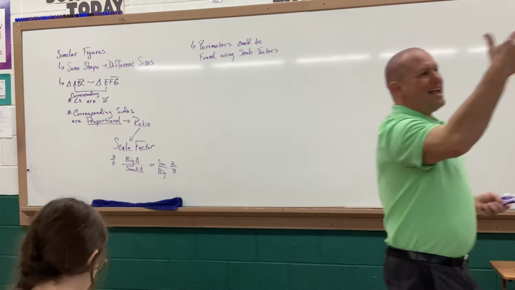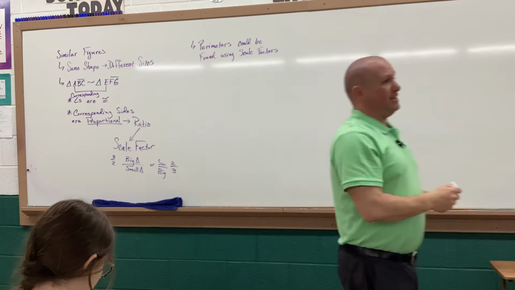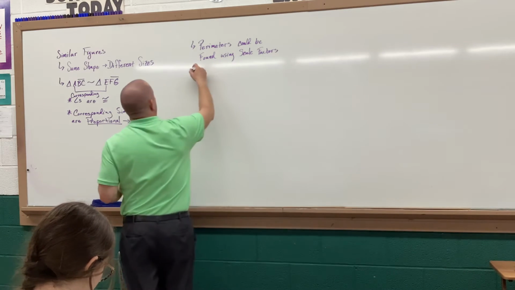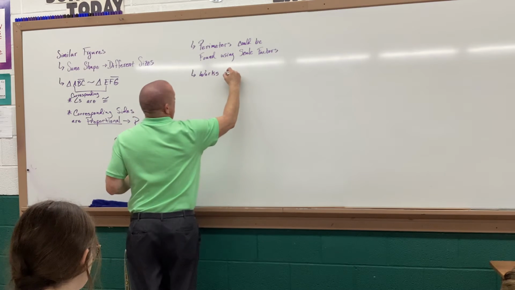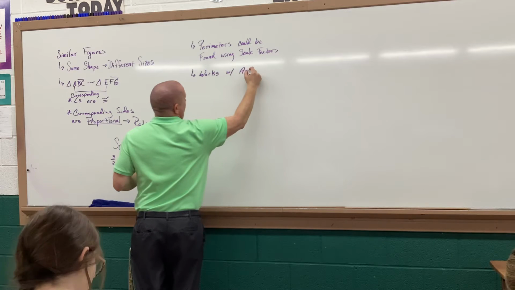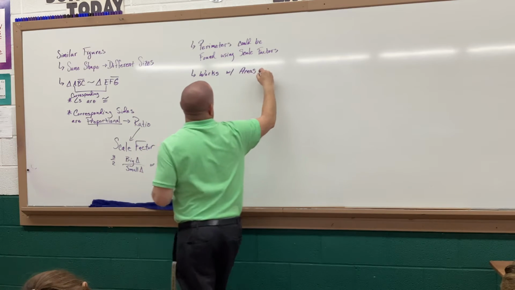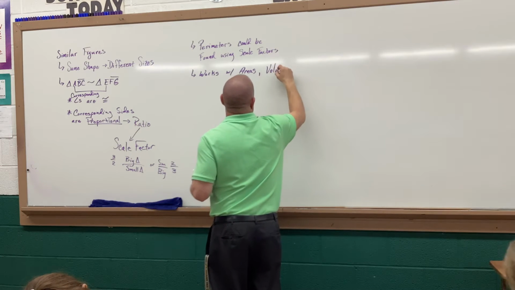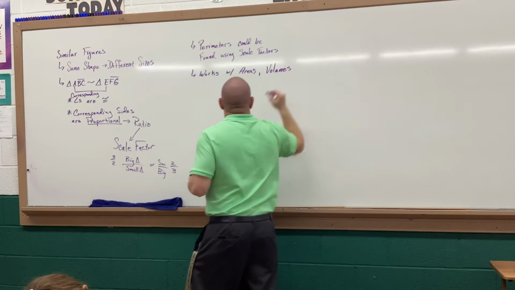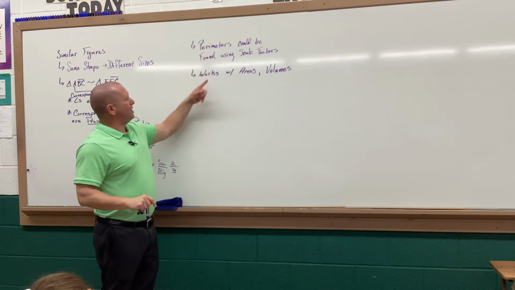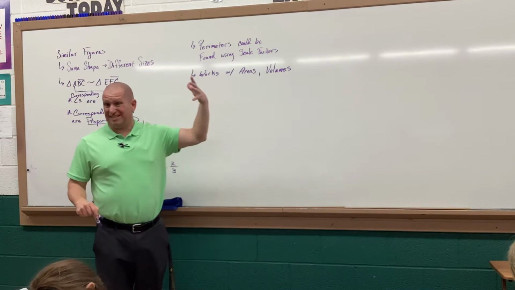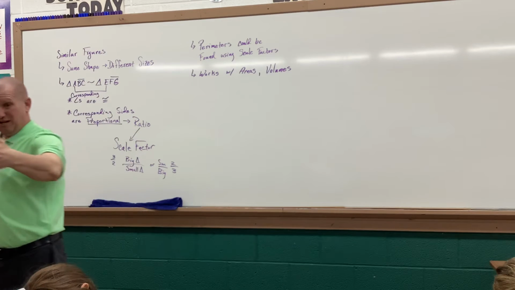Okay? Well, now you can also do the same thing with areas. So this works with areas, and if we actually wanted to go further, we could say it works with volumes. But what's the difference between the perimeter of a shape and its area? What's the biggest difference? Outside and inside.